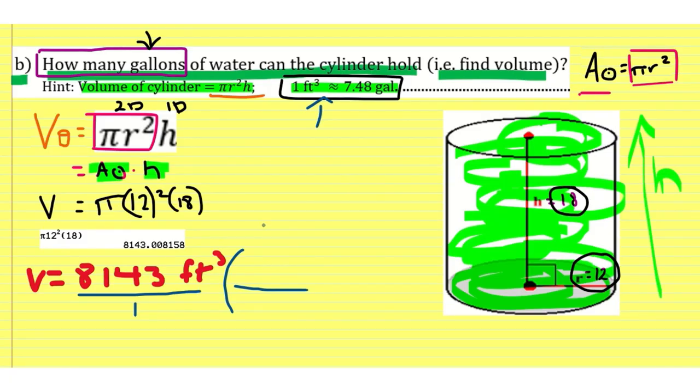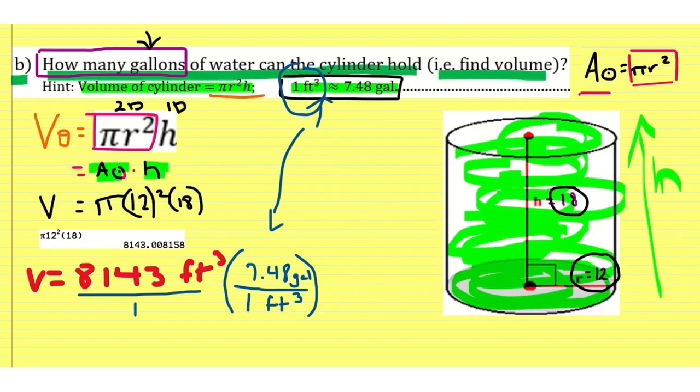So the thing is, though, this ratio, 1 cubic foot is approximately 7.48 gallons, can be turned into a ratio. That's what we're going to put down here. So we're going to put the 1 cubic foot in the denominator, and 7.48 gallons, which is what it is approximately, in the numerator.